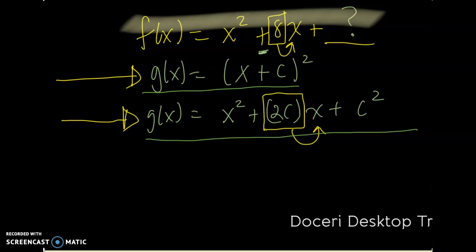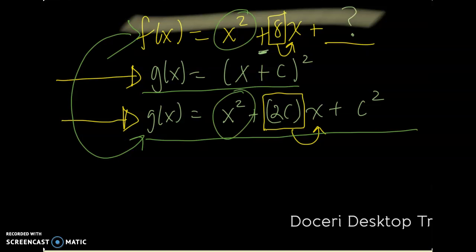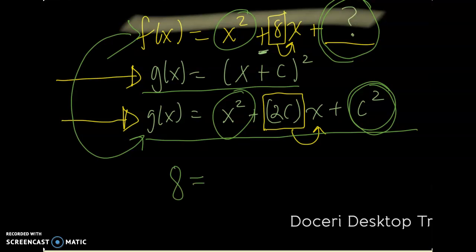It's expanded. So now we compare these two, f and g. We compare them in a way that we notice that x squared is the same. We know that this mystery number is c squared. And we also notice that the coefficient of x in this case is 8. And on the perfect square, the one that we're trying to factor, is 2c.